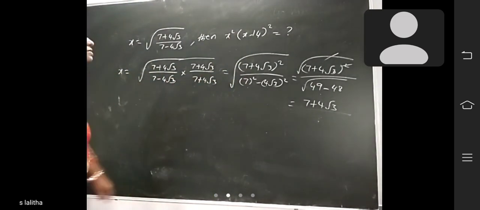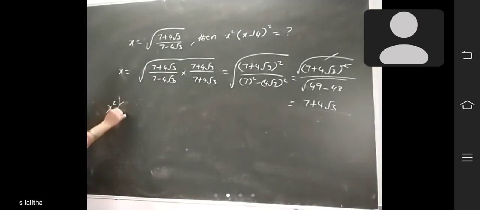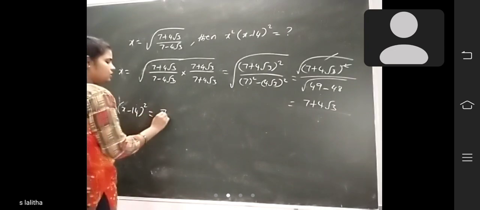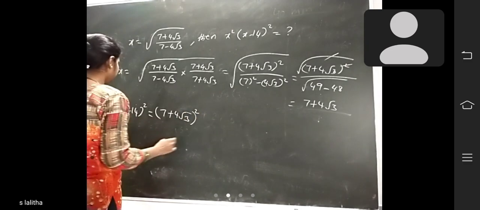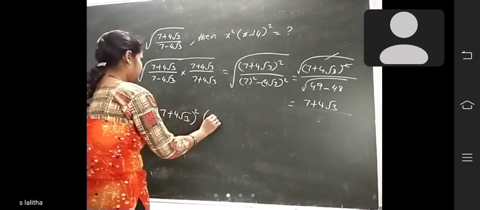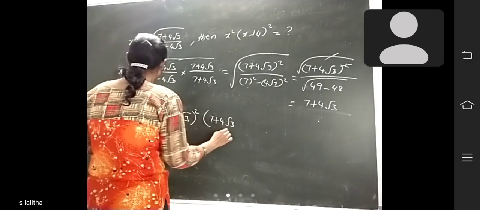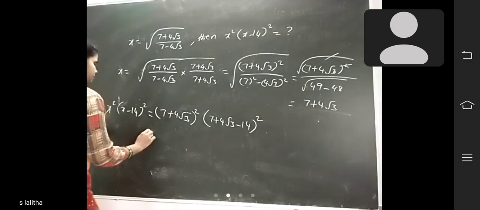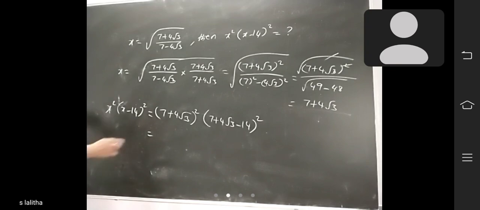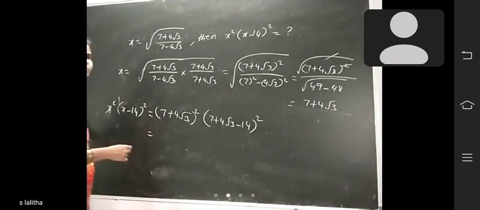Now you have to find this one: x square into (x minus 14) whole square. What is the x value? (7 plus 4 root 3) whole square into (7 plus 4 root 3 minus 14) whole square. It is in the form of the (a plus b) whole square formula.